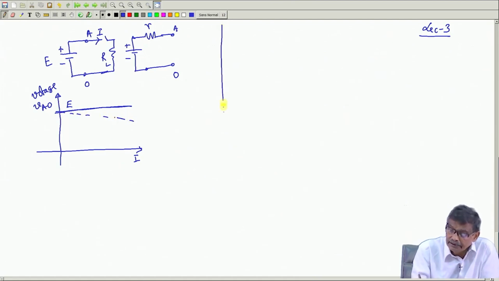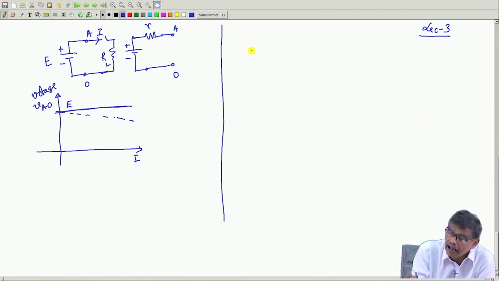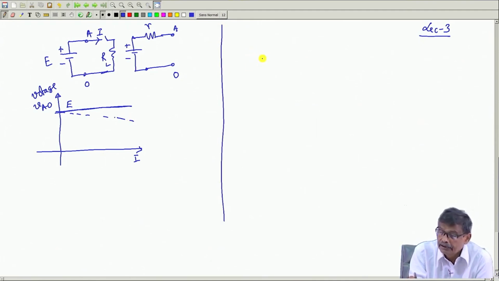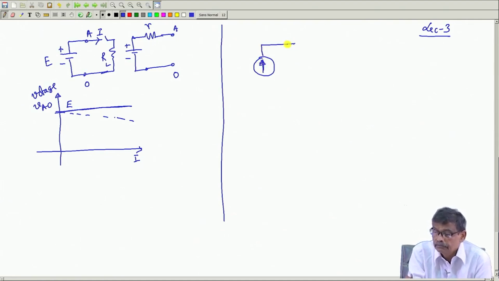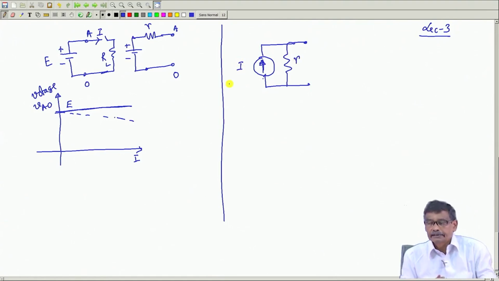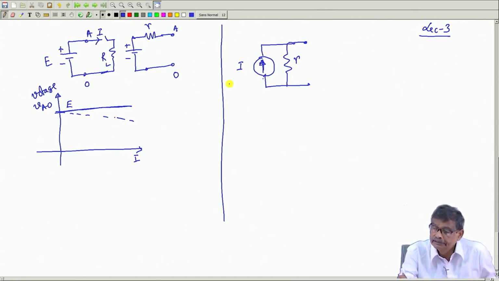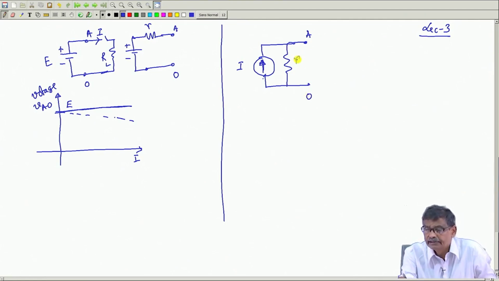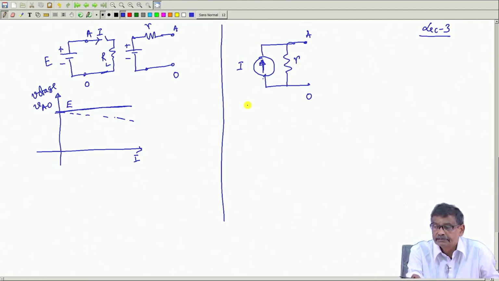Now, in the same line we have a current source. A practical current source can be represented like this, and here is some fixed current I, and this R is said to be the internal resistance of this.